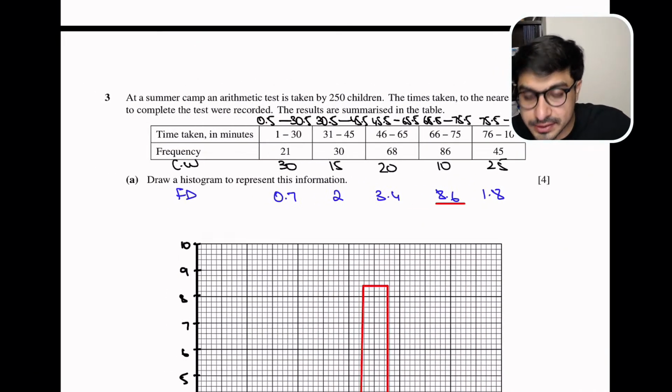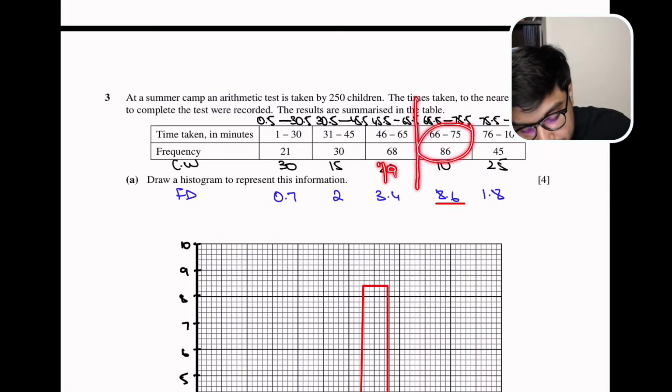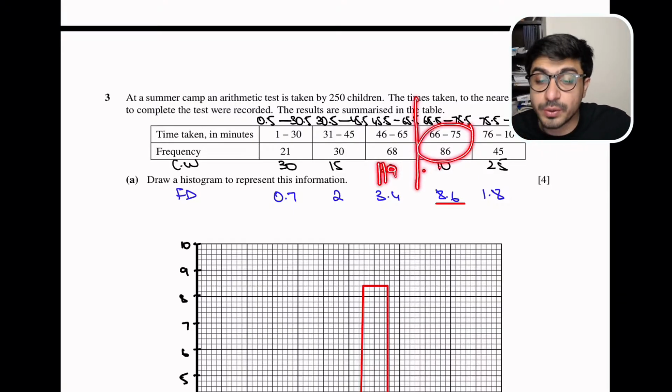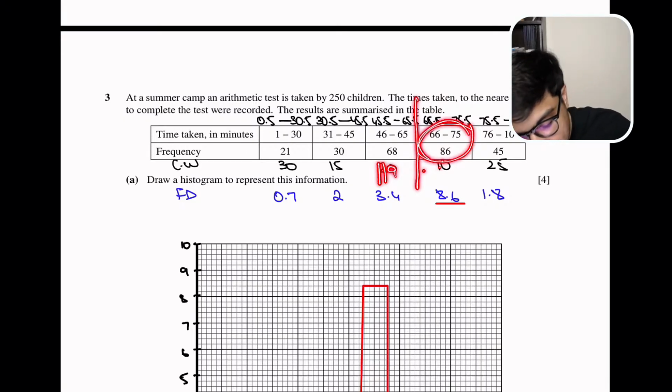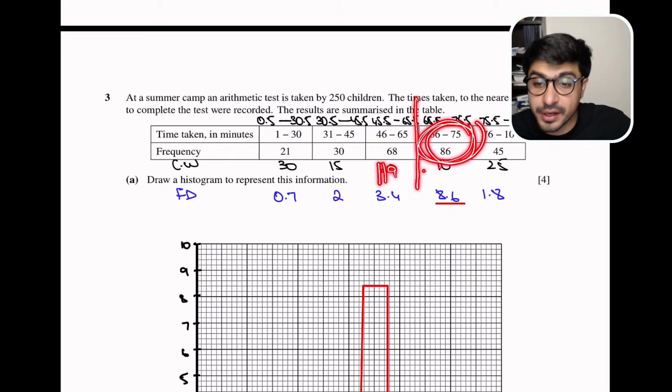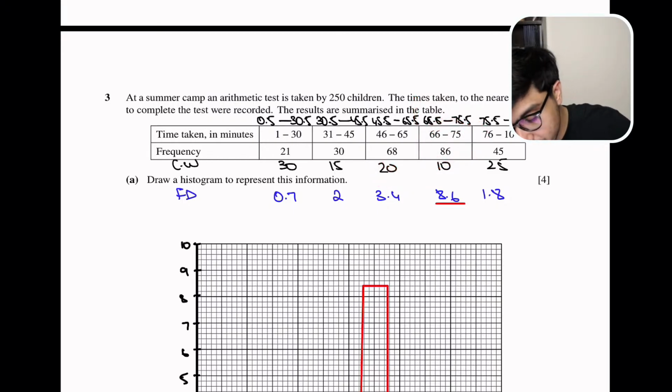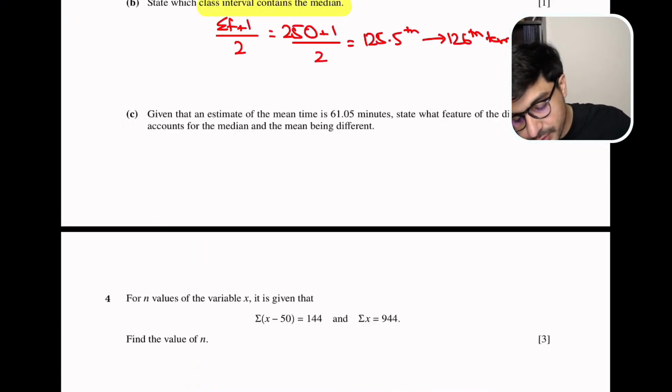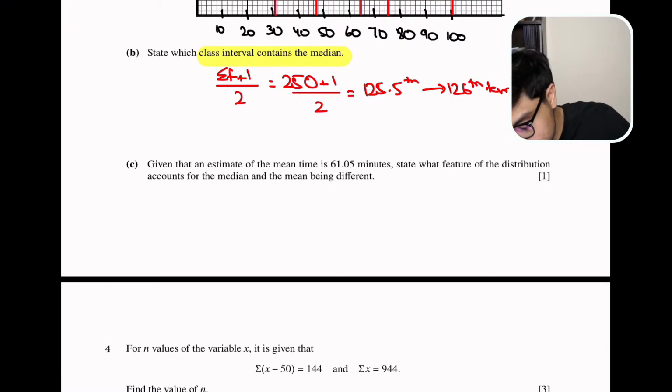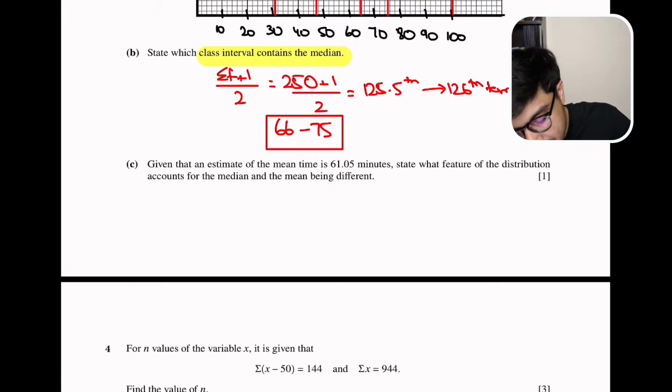The 126th term is going to lie in this one, right? Because till here there were 119 terms in total. So that means 120, 121, 122, 123, 124, 125, 126. It's going to lie over here. So when it lies over here, this is going to be the median class, and it is going to be 66 to 75, and that is it, right? Now something like this happens.